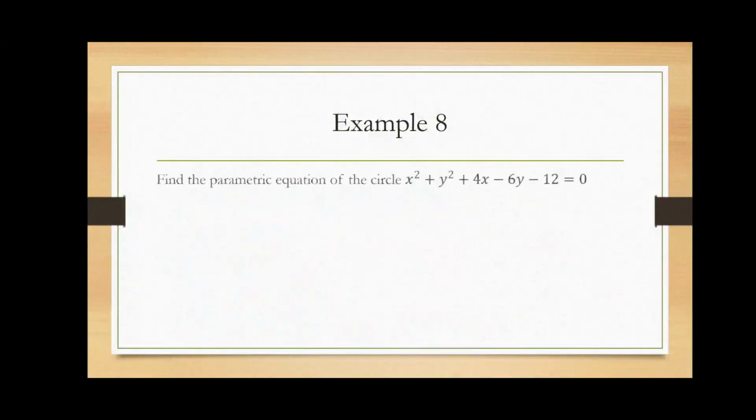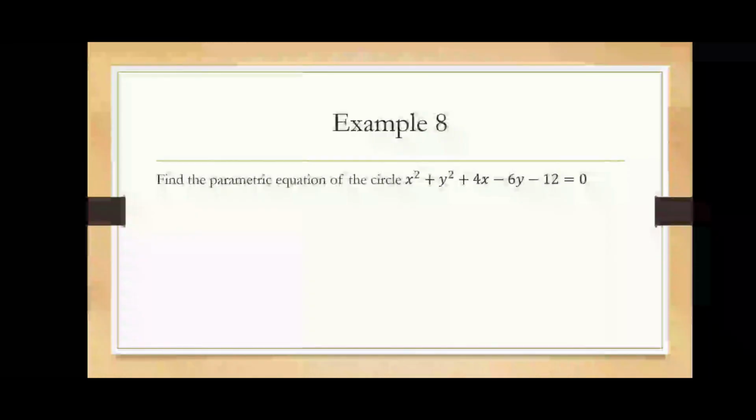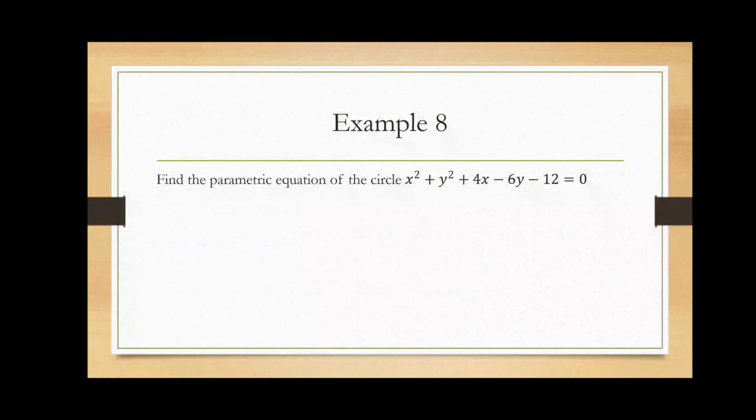Number 8. Find the parametric equation of the circle x square plus y square plus 4x minus 6y minus 12 equals to 0. Now the question is asking you to find the parametric equation. Before I can find the parametric equation, the first thing I need to find is the center and the radius. So let us convert this equation into the central form.